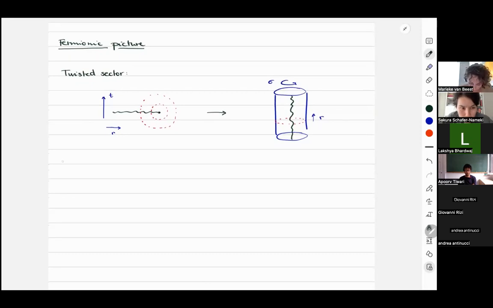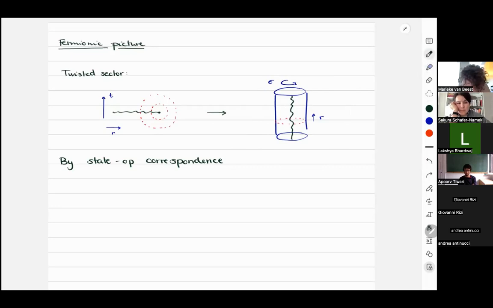So by the state operator correspondence, the spectrum of operators living at the endpoint here of this line is isomorphic to the S1 Hilbert space defined here with an action of the line on it.